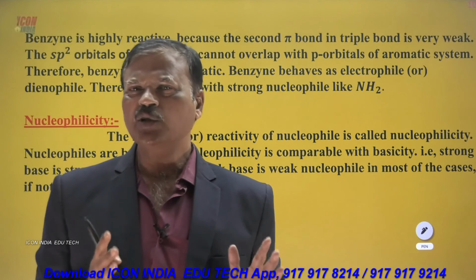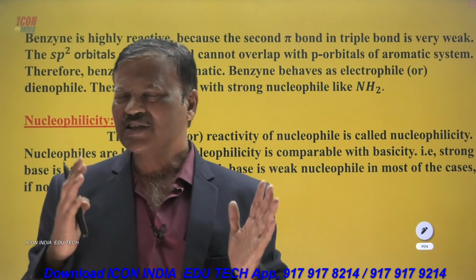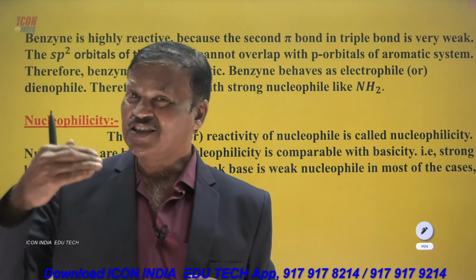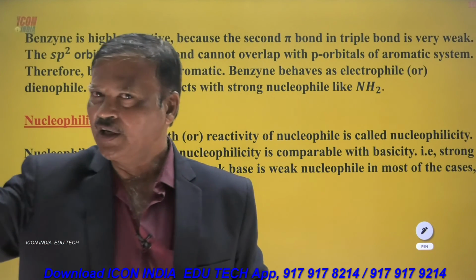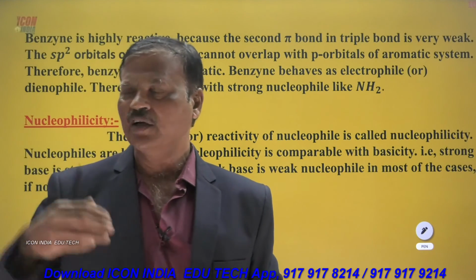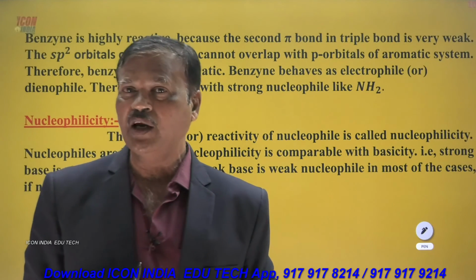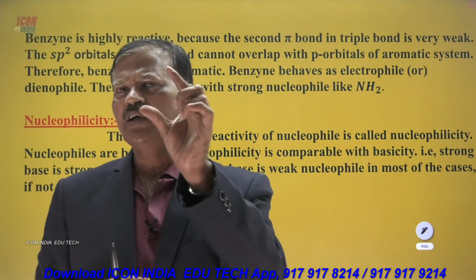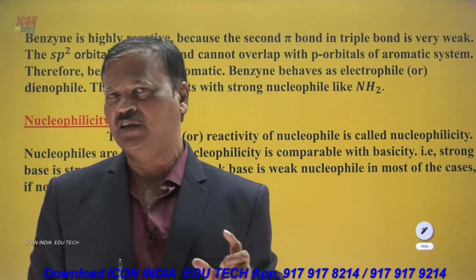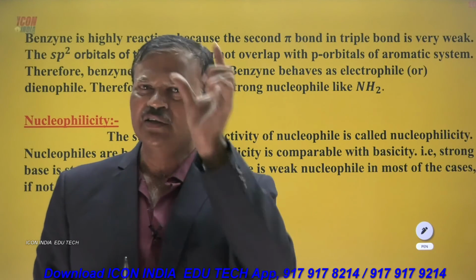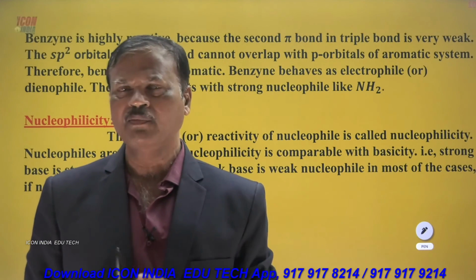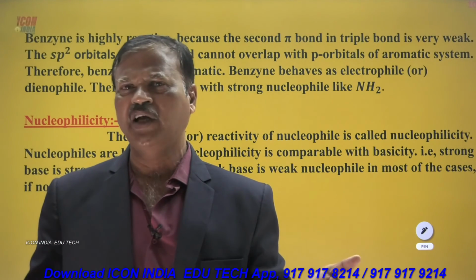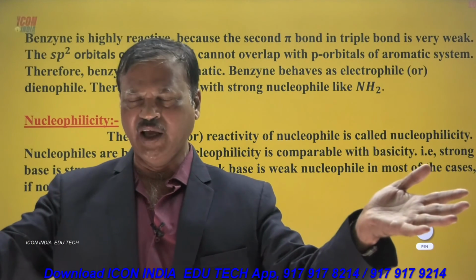So these nucleophiles, based on their strength, based on the extent to which they readily or less readily donate the electron pair, what is their capacity to donate the electron pair, that will decide the nucleophilic strength of the nucleophile, that is nucleophilicity. So simply it is the capacity of a nucleophile to donate an electron pair.